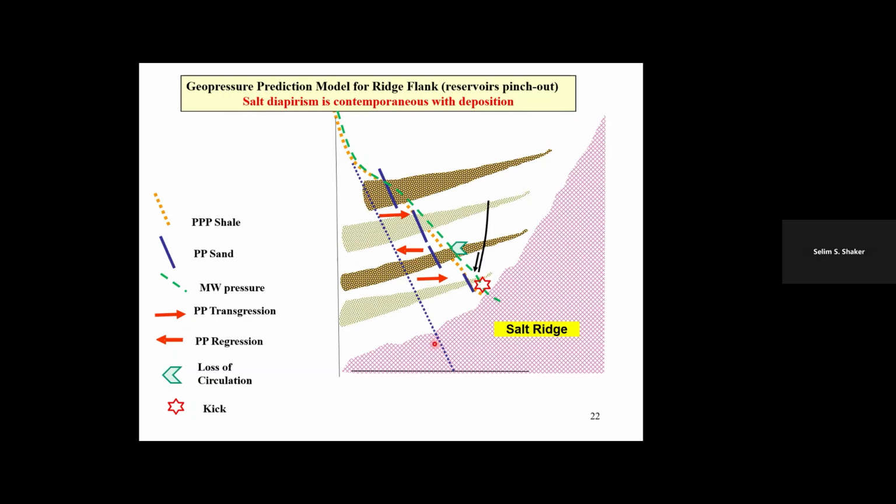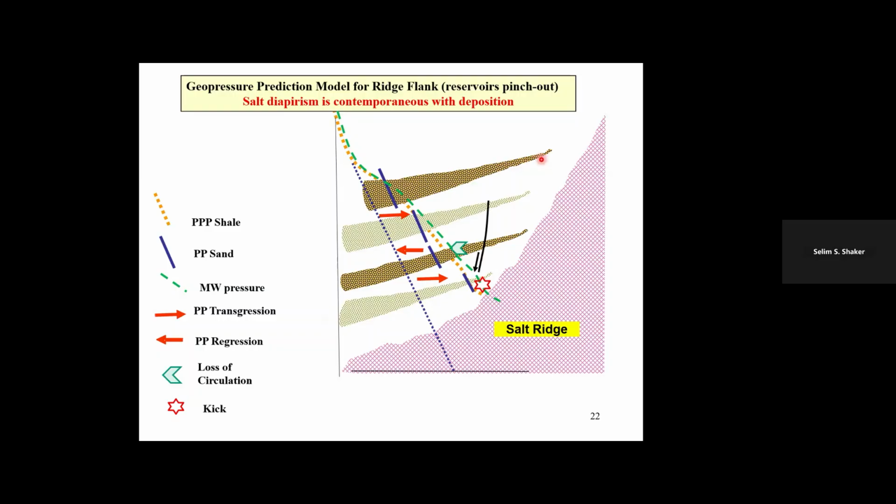Here is the ramp, and this is a stratigraphic model. So what happened here, when the salt was growing up, the sediments were laying down on the flanks of the salt. So it thins out as the salt grows up.